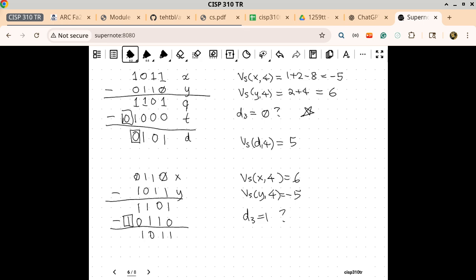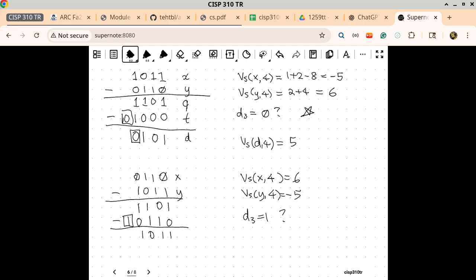It is not. The most negative value is -8. In other words, we have an overflow situation. The result of the subtraction in this case is specifying a quantity that we cannot represent using only 4 bits. It is called an overflow.